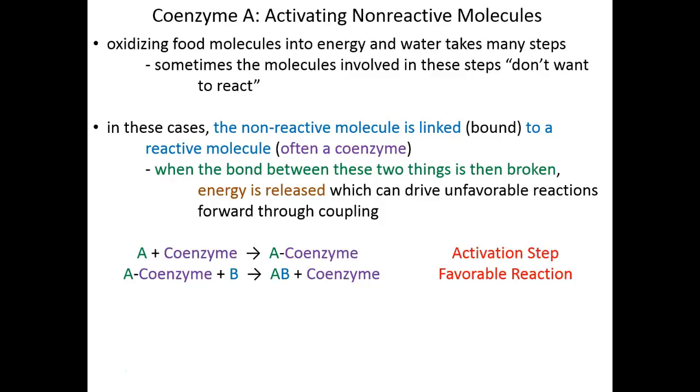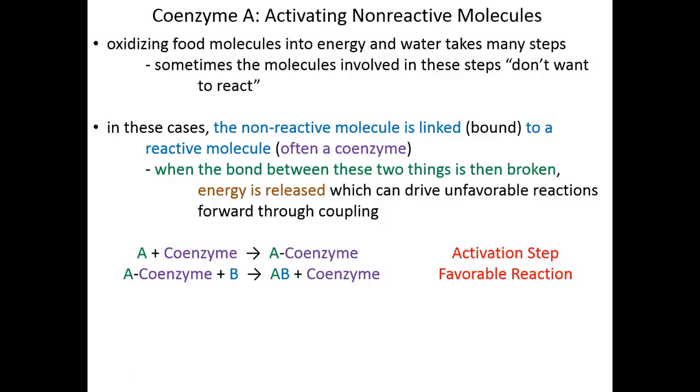So now we wave molecule B in front of molecule A. Now molecule B is not a molecule that A would ever give the time of day. Remember, A was content being alone. It was completely non-reactive. But now you wave molecule B around and A is like, oh man, B looks pretty good compared to the coenzyme. I'll do anything to get out of this blind date.